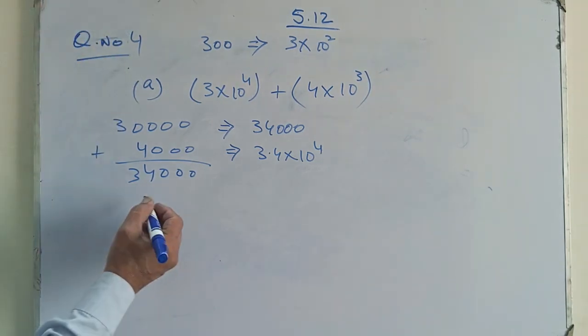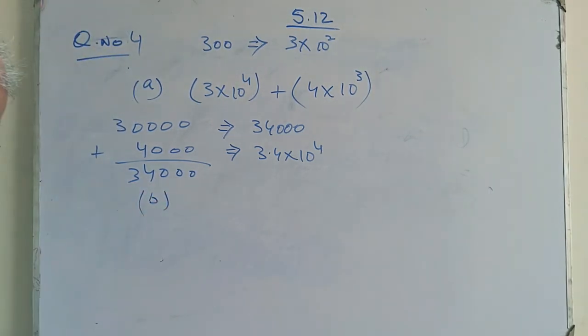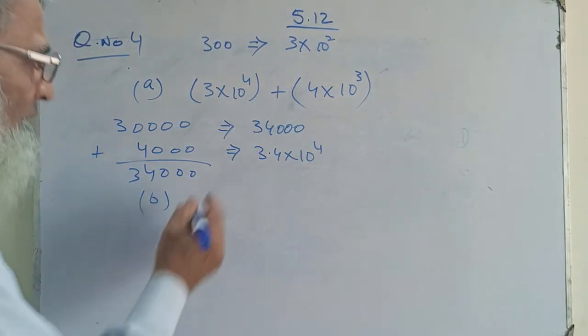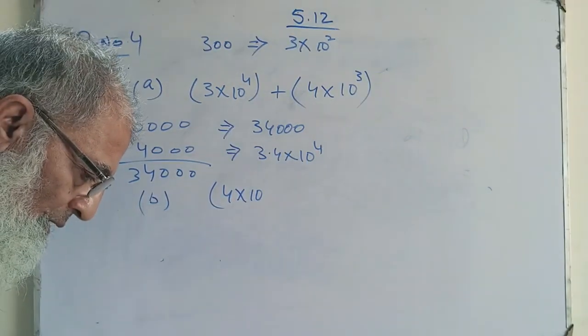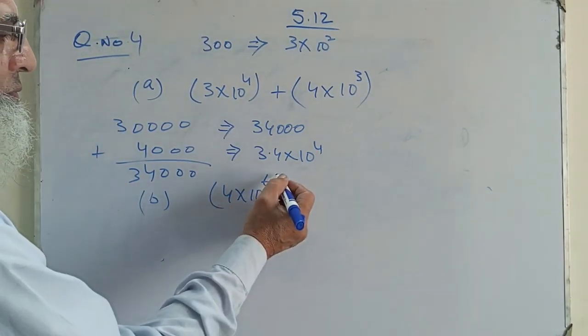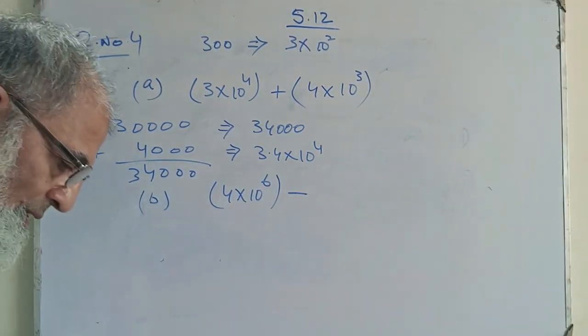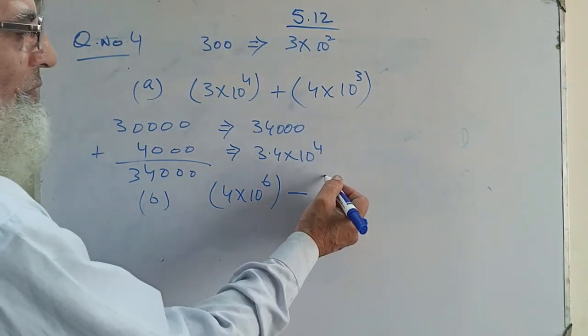Similarly, question number B is there, and it is with a minus sign. It is 4 into 10 raised to power 6 minus 3 into 10 raised to power 5.